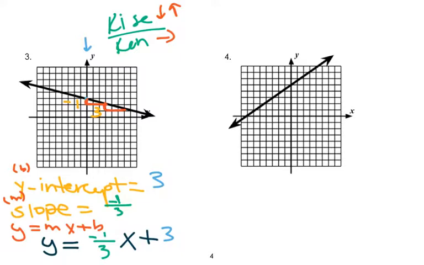Okay, so that is your answer here. We're going to go to the next page. So 1, 2, and 4, you're going to do something similar to number 3. Remember, if it's going down, it's negative, but if it's going up, that it's positive.